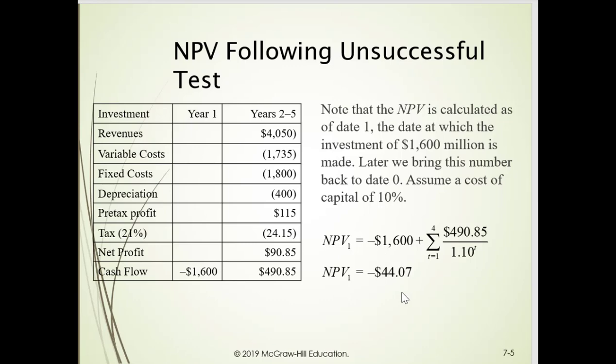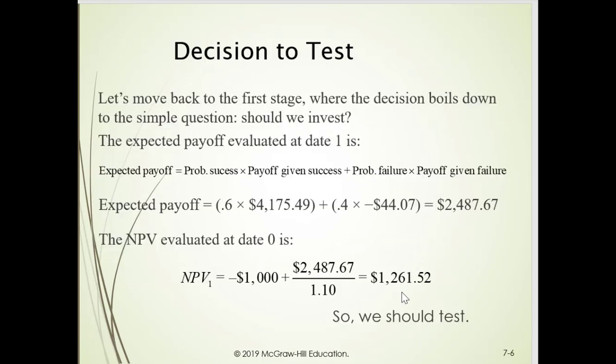So we have two values: one value if we're successful and one value if we're unsuccessful. So 60% probability of success plus 40%, that's the probability of failure. So the expected payoff of cash flows is $2,487.